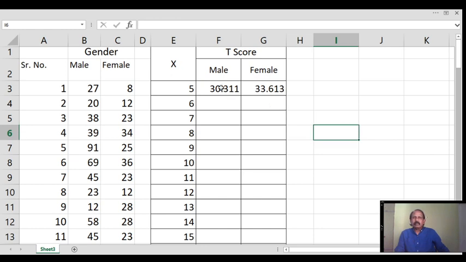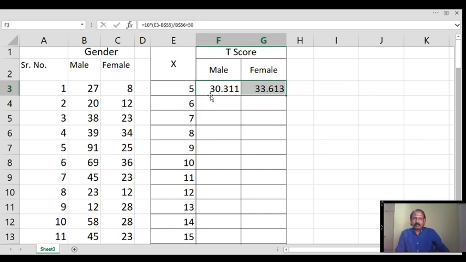Here the t-score of male for x equals 5 is found in F3, and that of female is found in G3. So we will first select these two cells together. Remember this. We have to copy the formula written in F3 and G3 into all the remaining rows downwards.